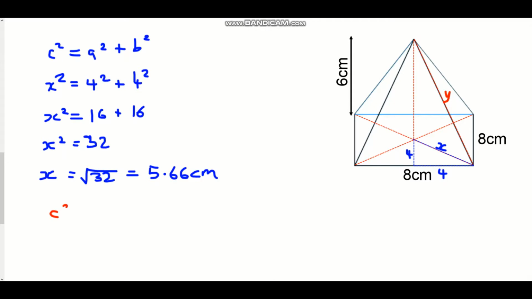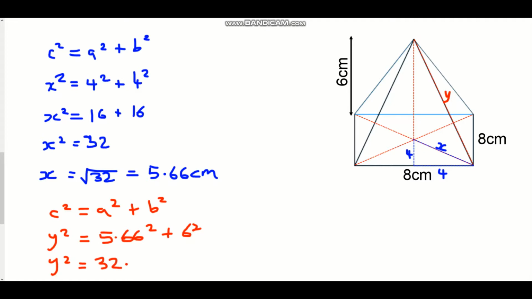So c squared equals a squared plus b squared. y squared is equal to 5.66 squared, that's my diagonal length on the base, plus on 6 squared, which is my height. y squared is equal to 32.04 plus on 36.